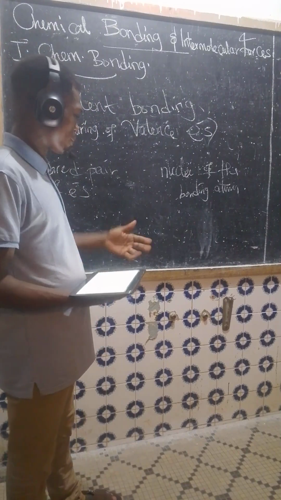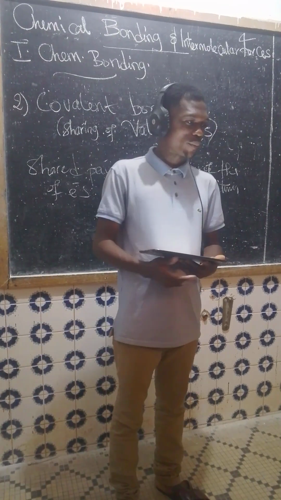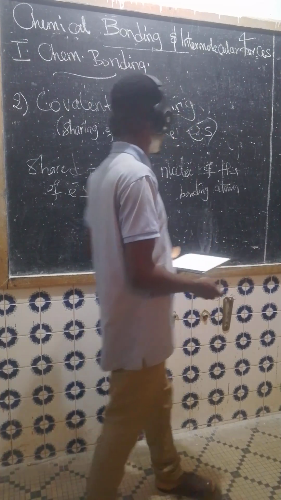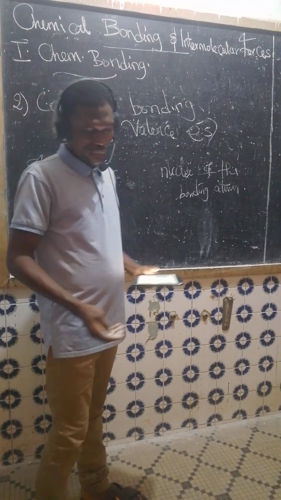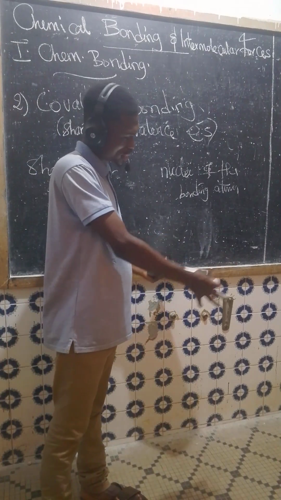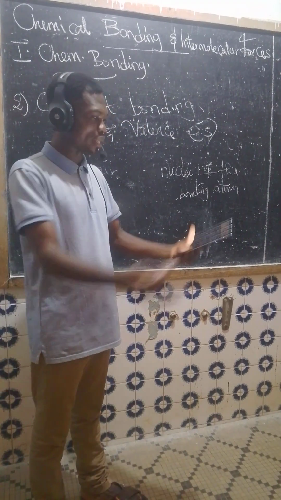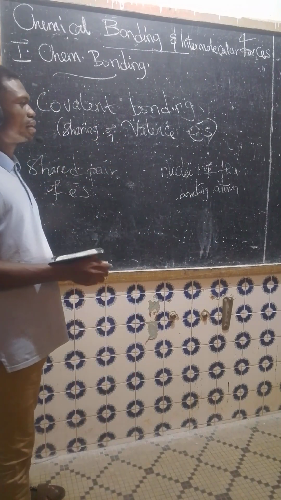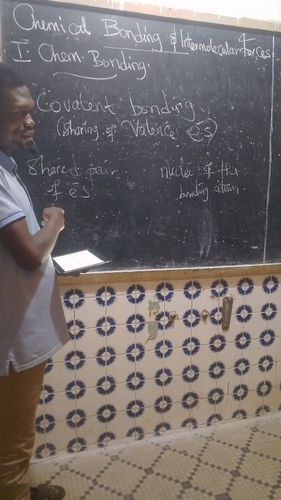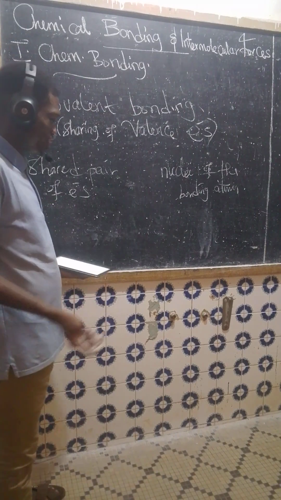The day you come with shawarma, you give them. And there's never a day they will tap you from behind and give you something. So that's ionic. But when today you come with juice and the other person comes with something else and you share together, that is covalent. So if you look at it in real life, human beings are not different from elements.